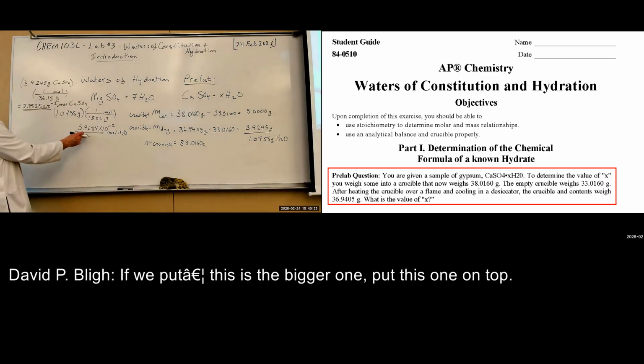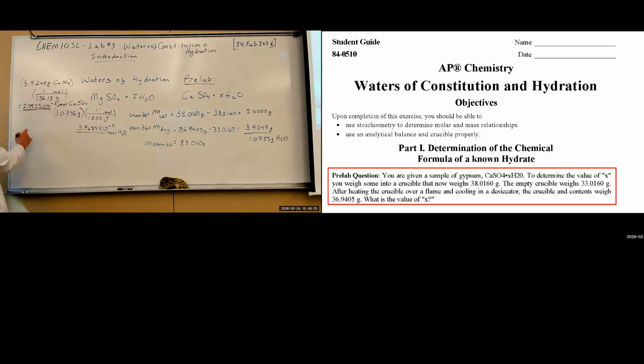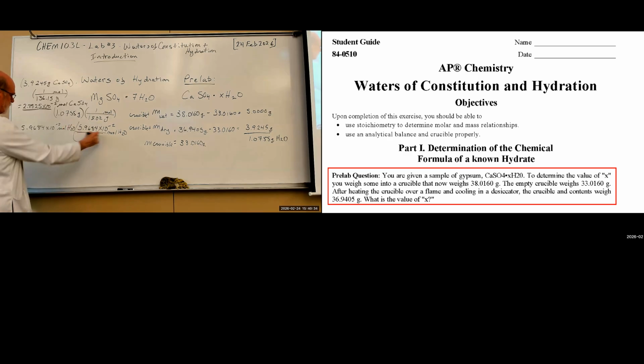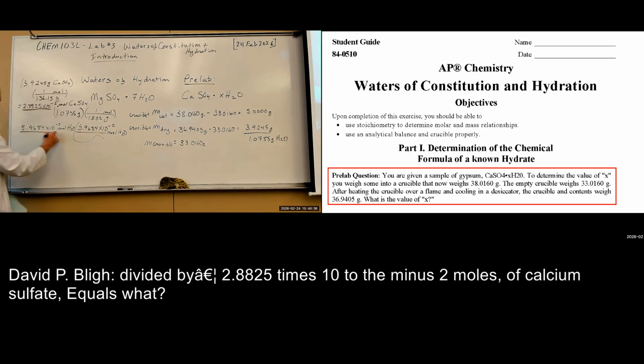If we put, this is the bigger one, put this one on top. 5.9684 times 10 to the minus 2 moles of water divided by 2.8825 times 10 to the minus 2 moles of calcium sulfate equals what?